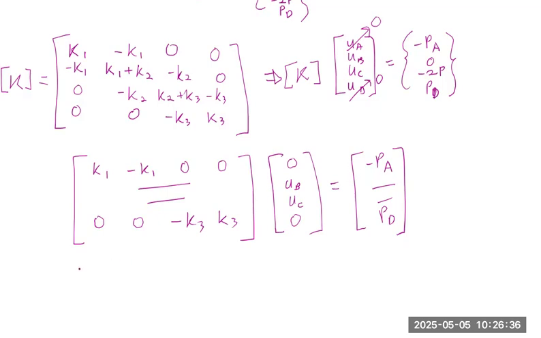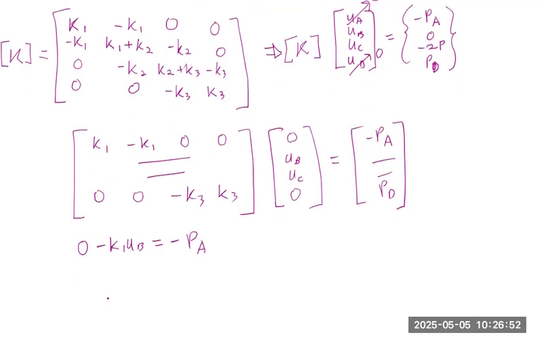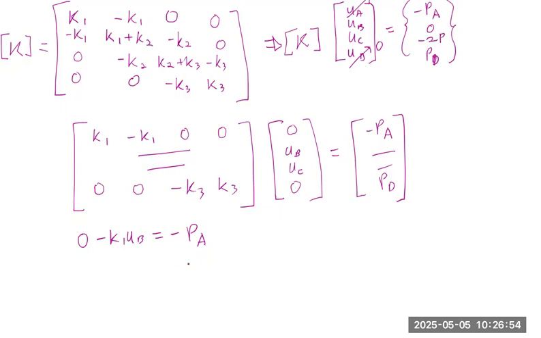So we have 0 times K1 is 0 minus K1 times UB plus 0 times UC plus 0 times 0 is equal to negative PA. And we get that from the bottom row: 0 times 0 is 0, 0 times UB is 0, UC times negative K3 is negative K3 UC, plus K3 times 0 is 0. And this is equal to PD.